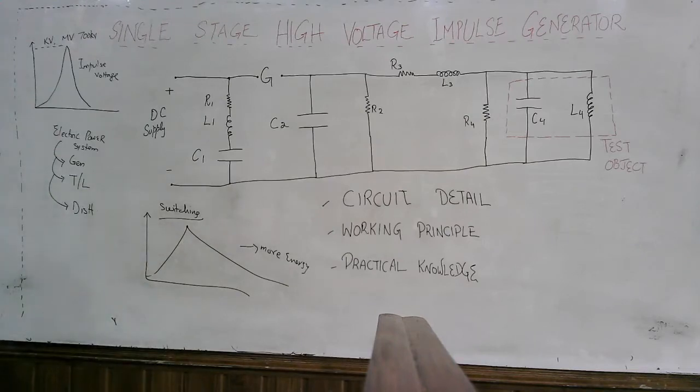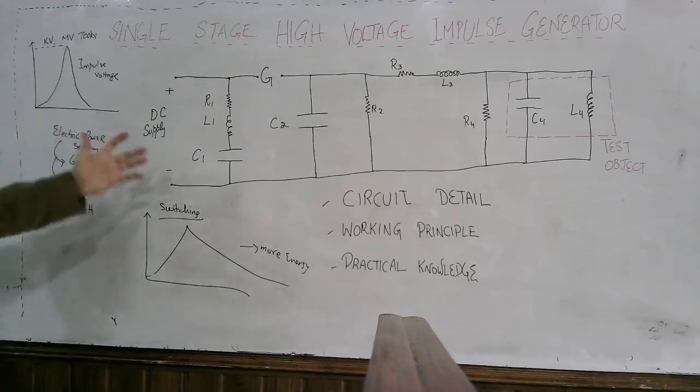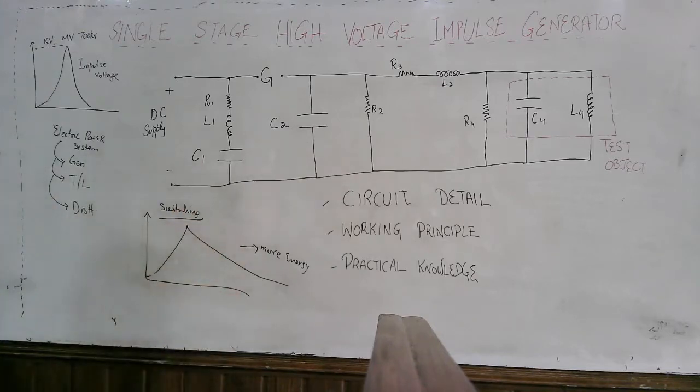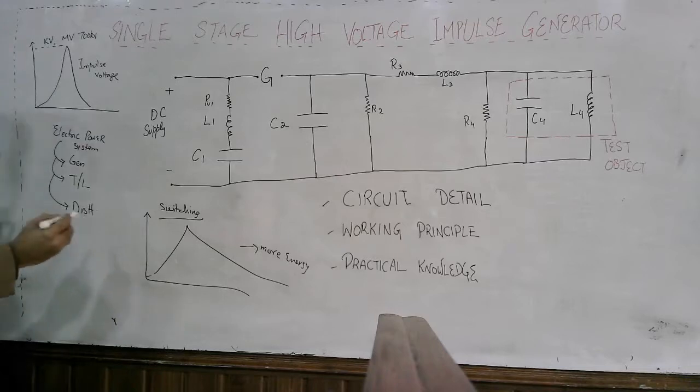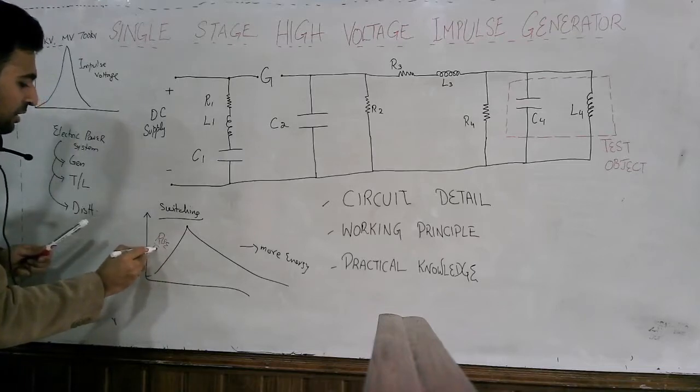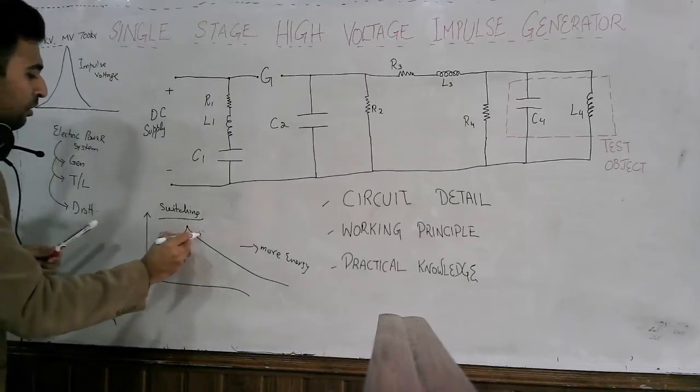In a nutshell, an impulse voltage in a power system can be defined as an abnormal rise in the working voltage, and this impulse voltage has two things: one is its rise time, and another is its fall time.